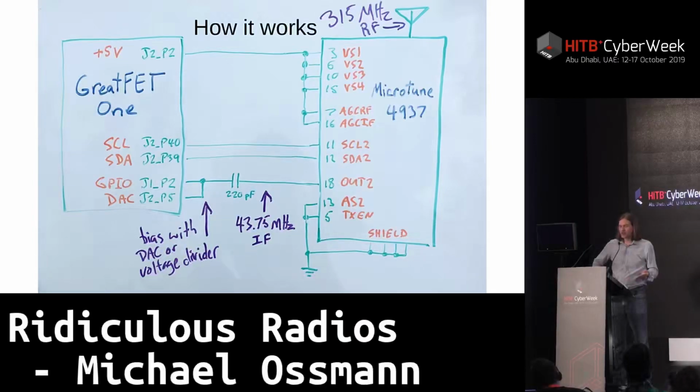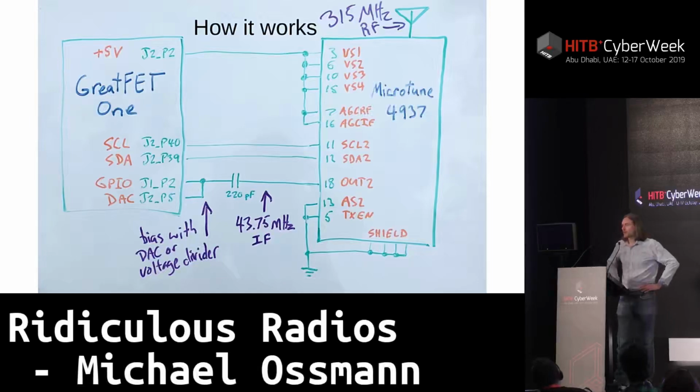And then there's this one connection that goes between the two, that bottommost connection, from the output pin 18 on the tuner over to a general purpose IO pin on the GreatFET. And we put that through one component, which is a capacitor. The purpose of the capacitor is to block DC but allow AC, the varying radio frequency part of the signal, through.